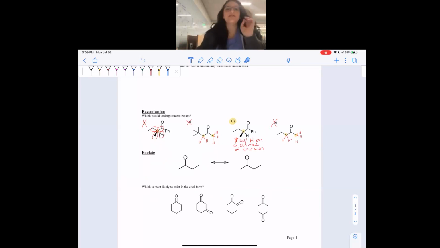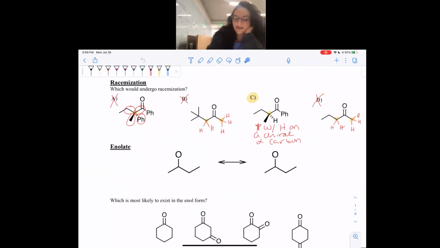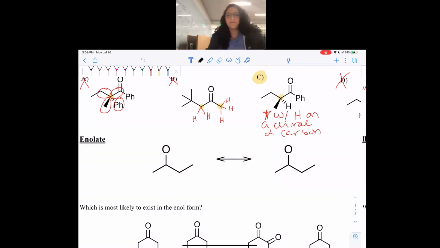So as a little summary, we're going to fill in the enolate diagram. Again, the enolate is the intermediate structure for this tautomerization. One possible structure is when we have the negative charge here and a double bond to the oxygen.